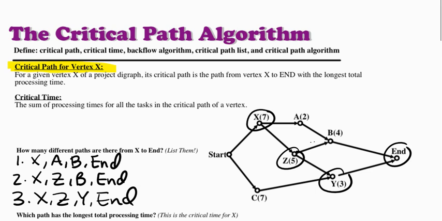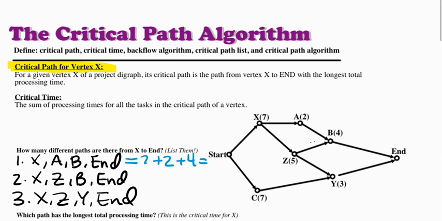So now we want to find what is the longest processing time to get from X to end. So if we look at our first path that we wrote here, X is 7, A is 2, B is 4. That gives me a total of 13.